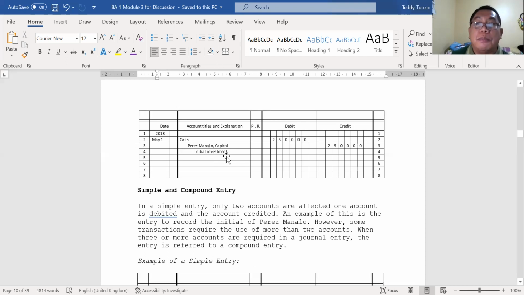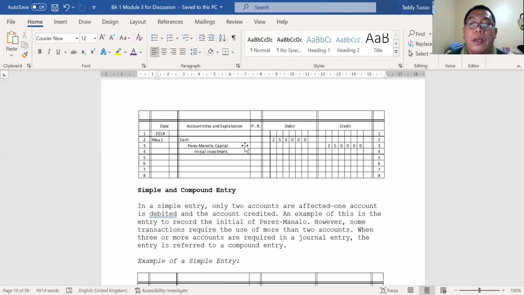The explanation should be brief and explain what the transaction is all about. And the posting reference is blank because we have not yet posted this to the ledger. But later on, when you are done with the journal entries and we perform the posting to the ledger, then the posting reference should be filled up.